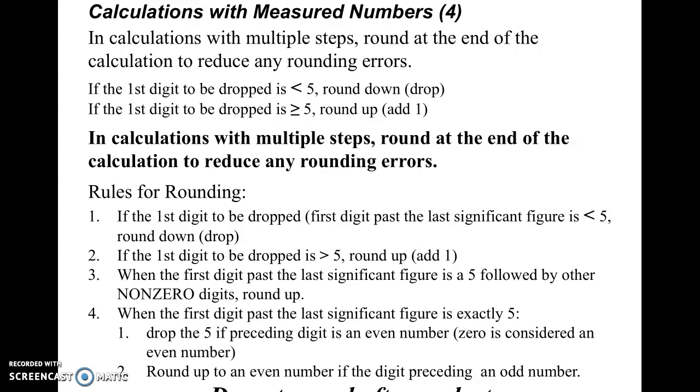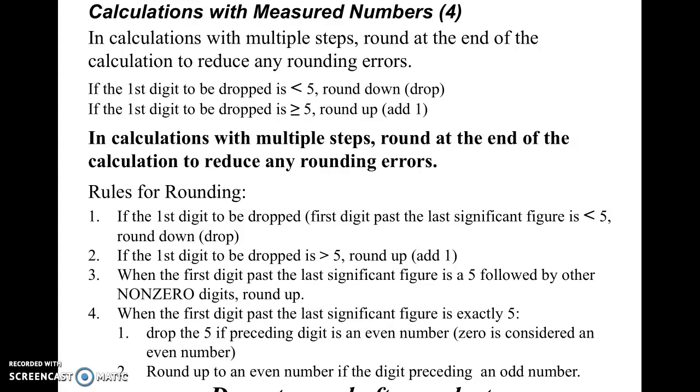All right, so then I told you we would talk about rounding, and one of the simplest rules for rounding is if that first number that you're going to drop is less than a 5, then you round down, and if it's equal to 5 or greater than 5, you round up. However, the rounding rules we are going to use are not quite that simple. If that first digit, which is just past the last significant figure, is less than 5, you drop it.